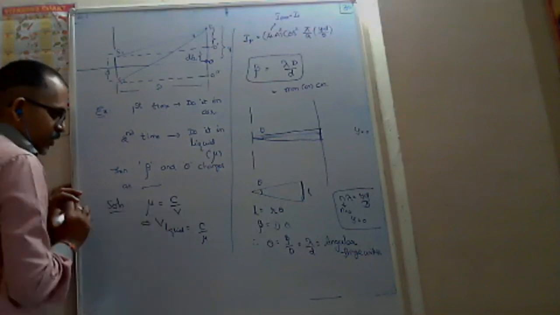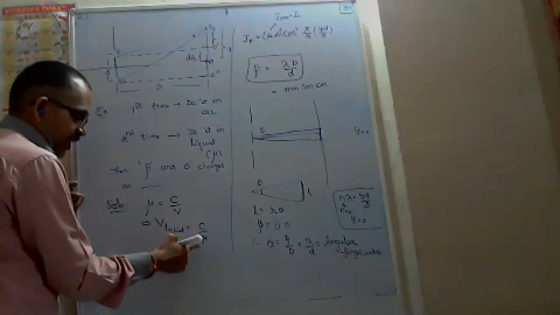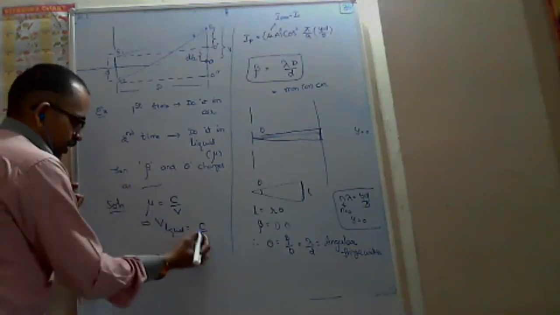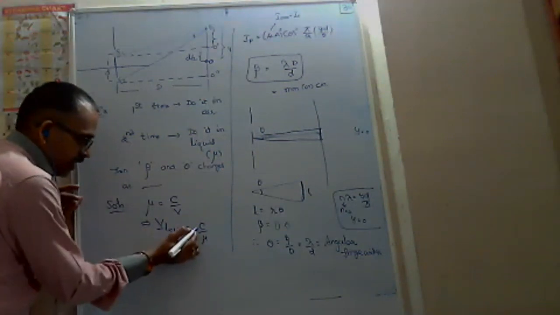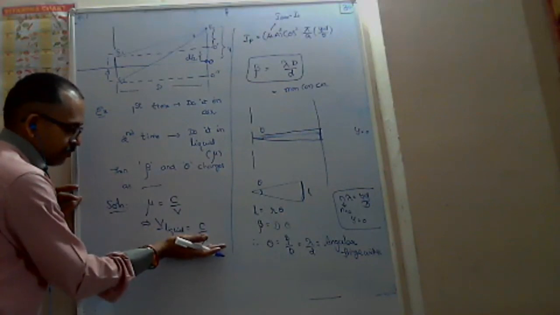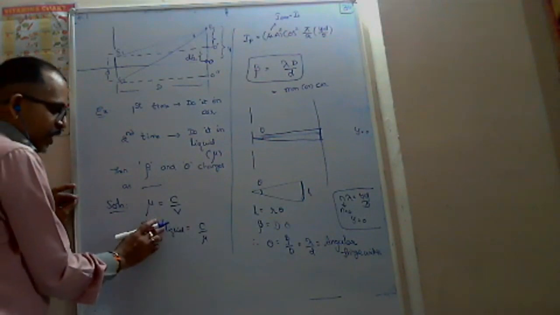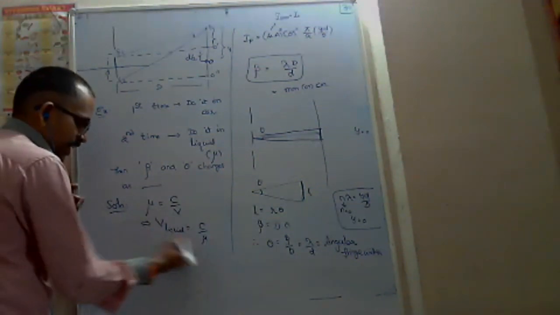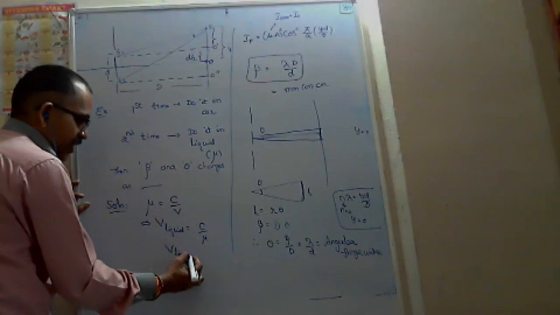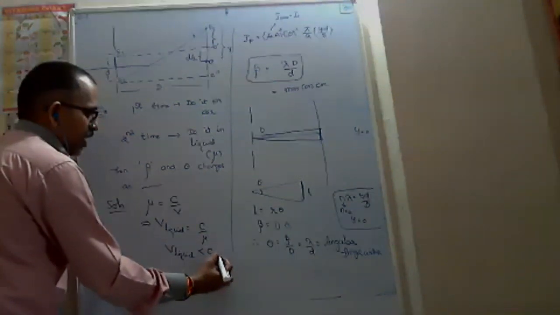Speed of light will be decreased by mu, because we are dividing by mu. So from this equation, the velocity of light in a liquid is less than the velocity of light in air.